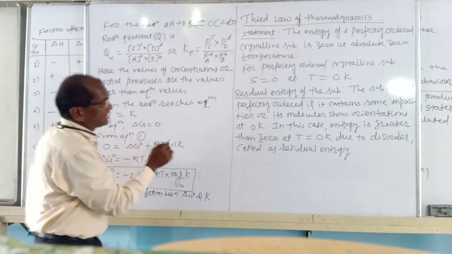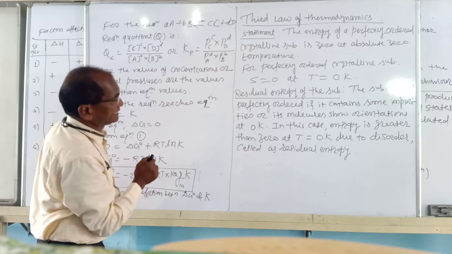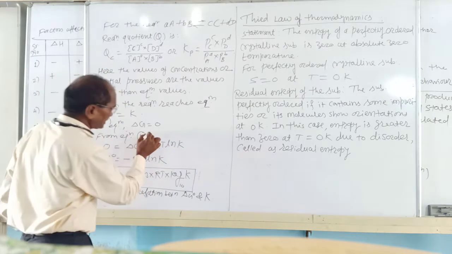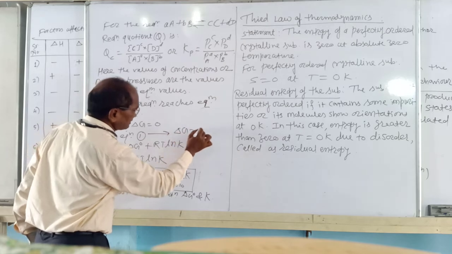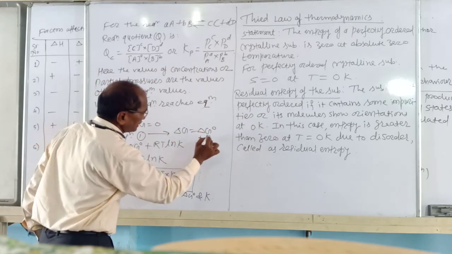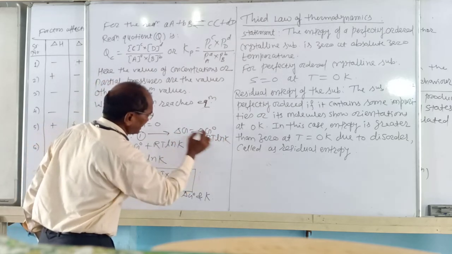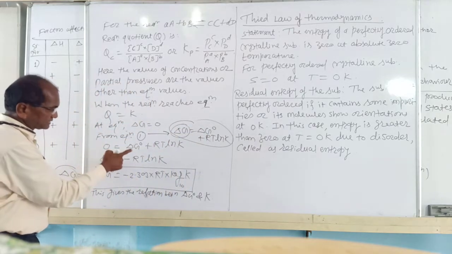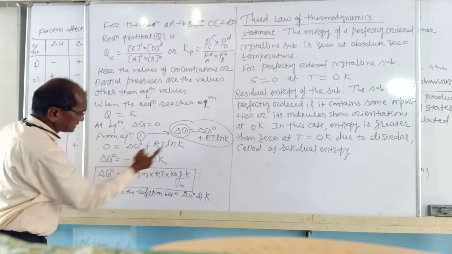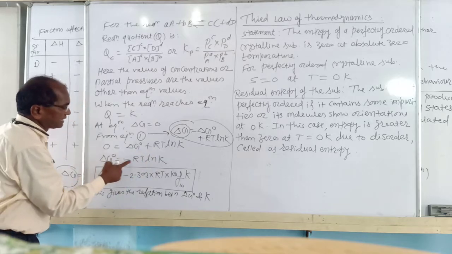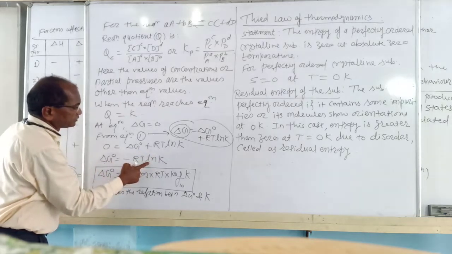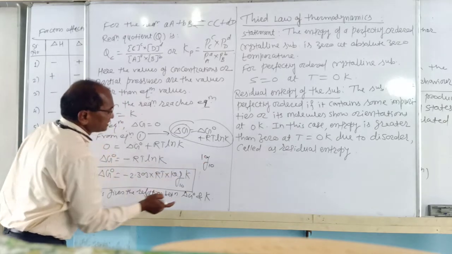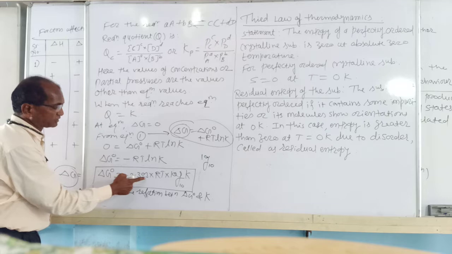Therefore, from equation first, delta G is equal to delta G0 plus RT ln K. In this equation, delta G is 0. Therefore, 0 is equal to delta G0 plus RT ln K, or delta G0 is equal to minus RT ln K. Convert this ln to log to the base 10 by multiplying by factor 2.303.